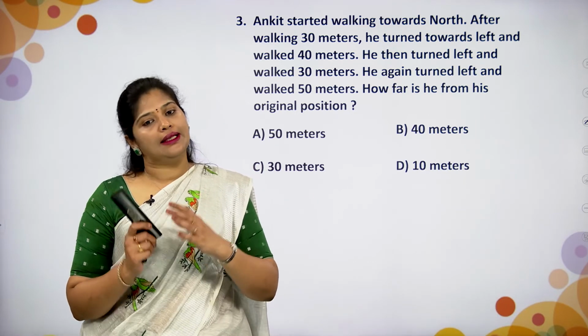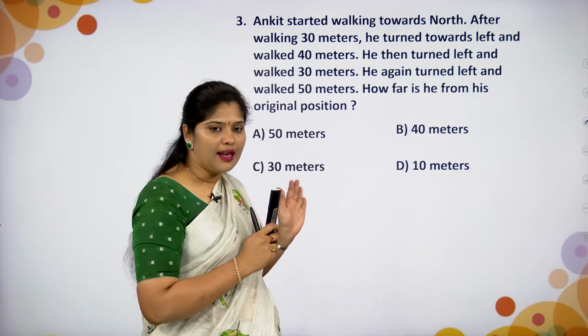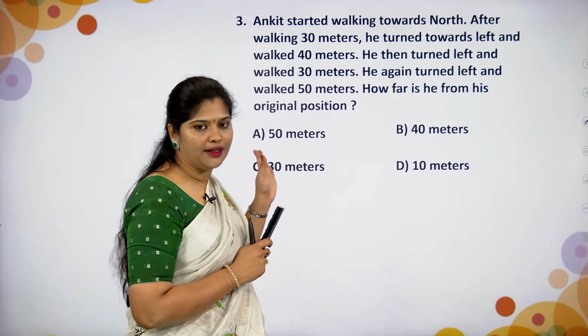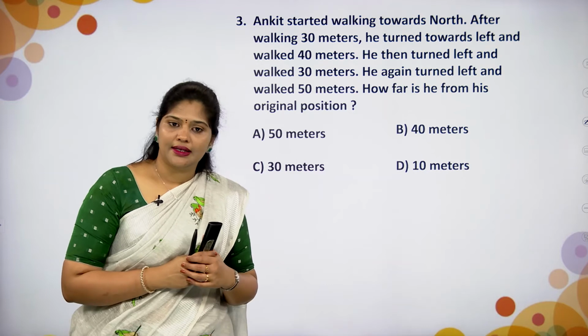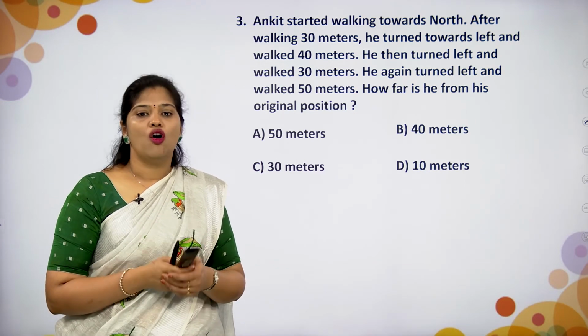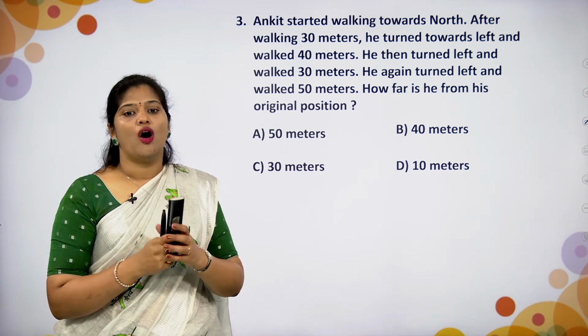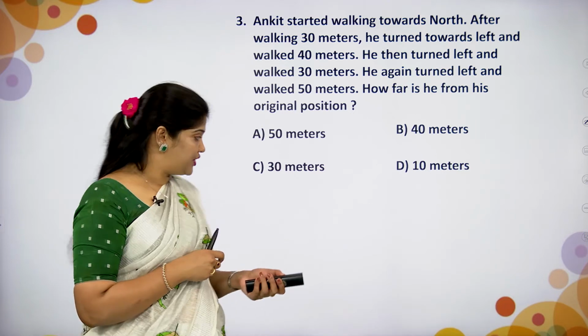After walking 30 meters, he turned towards left and walked 40 meters. He then turned again left, walked 30 meters. He again turned left, walked 50 meters. How far is he from his original position?